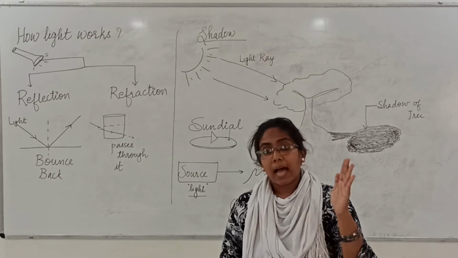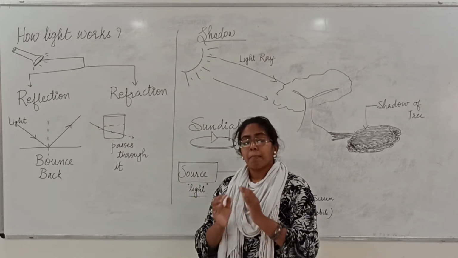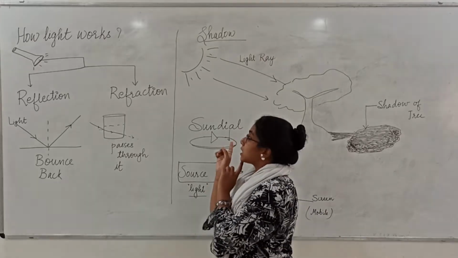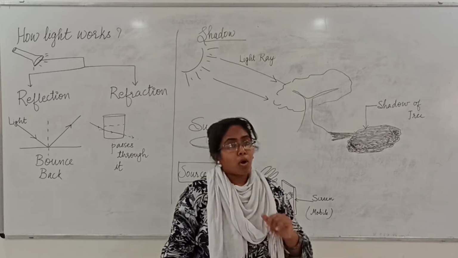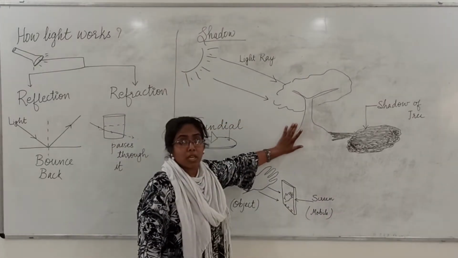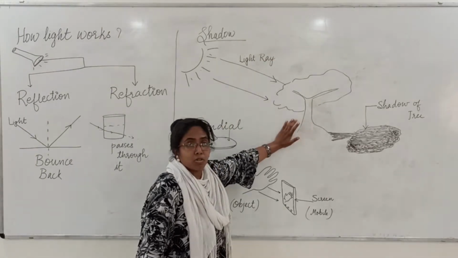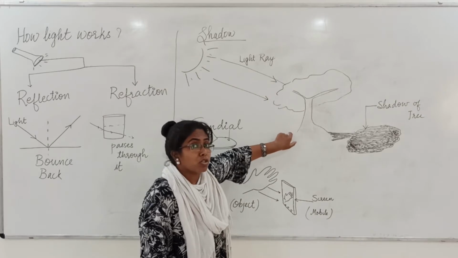As the light is falling, the things are visible to us. But what if the light is being blocked? What is the meaning of blocking? Blocking means, as soon as the light is falling, here you can see there is a tree. As soon as the light falls on the tree, on the surface, it is automatically blocked by the tree.